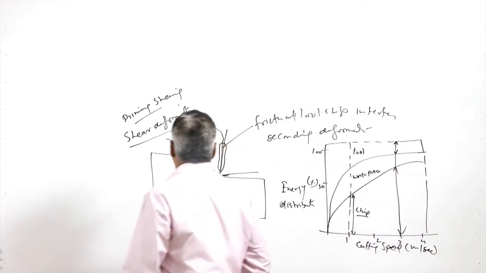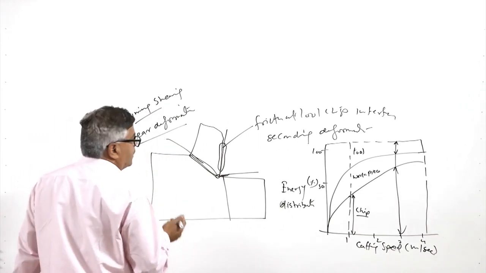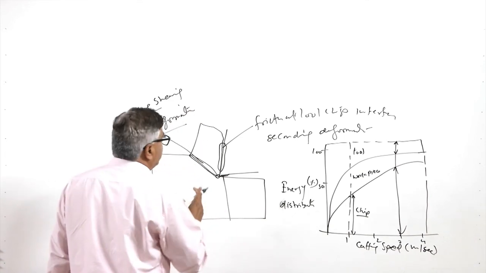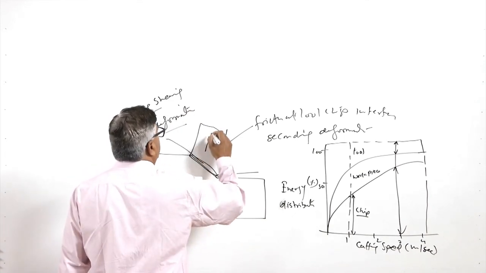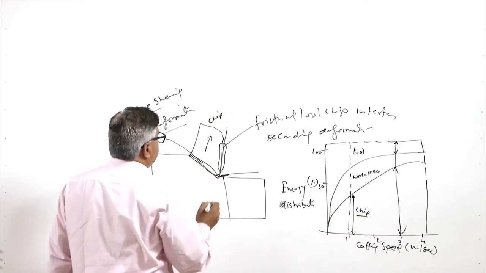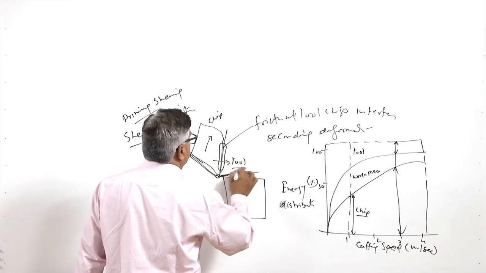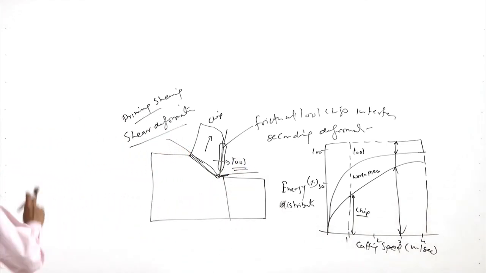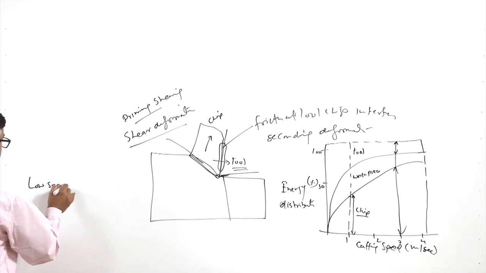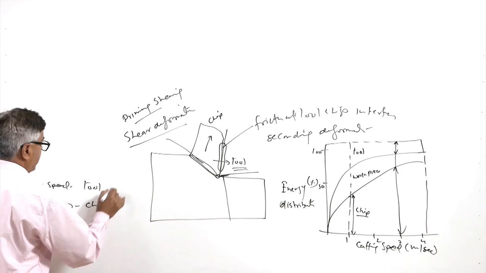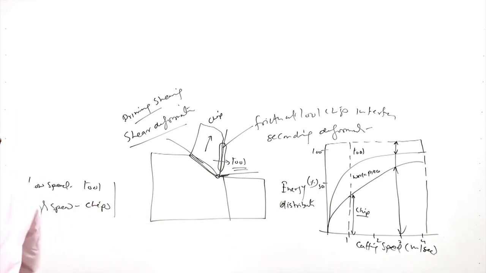So, whatever energy is being supplied during the metal cutting, most of it goes with the chips at high speed, but most of it goes to the tool at low speed. Considering this aspect, at low speed the tool takes most of the energy, while at high speed the chips will be carrying away most of the energy.